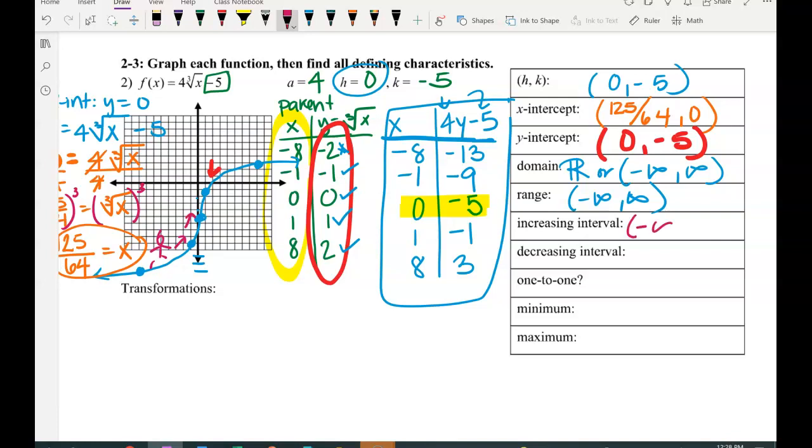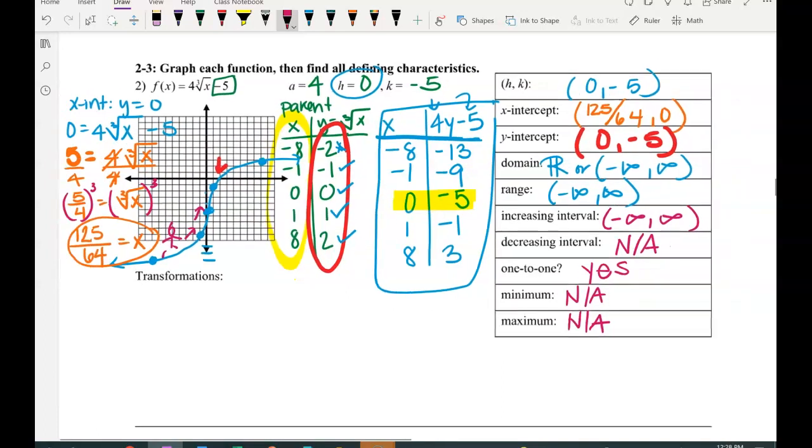So it's increasing the entire domain, -infinity to infinity. That means there isn't anything left for decreasing, because every single value in the domain is already reserved for increasing. It is 1-to-1. All cubic functions are 1-to-1. We don't have a minimum or a maximum because we do not have vertices.